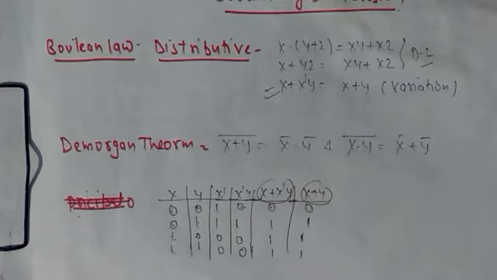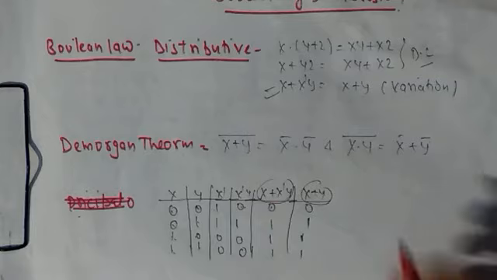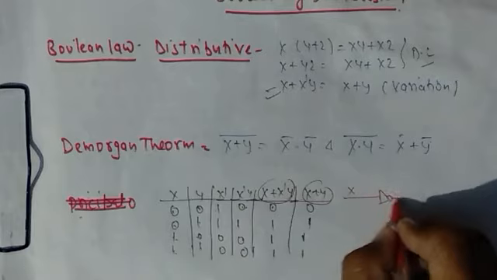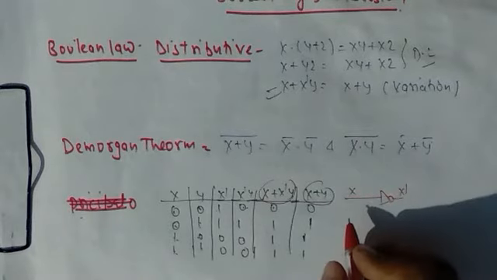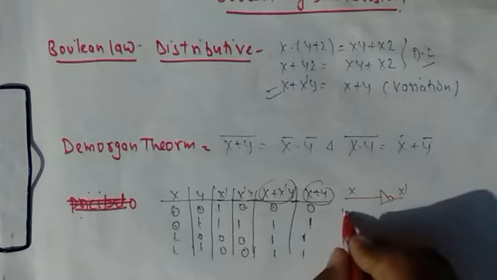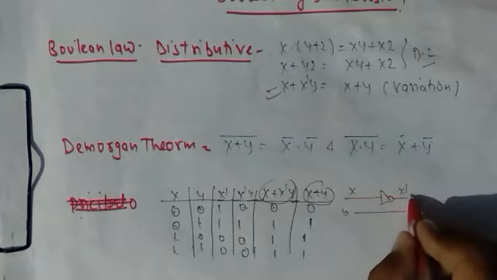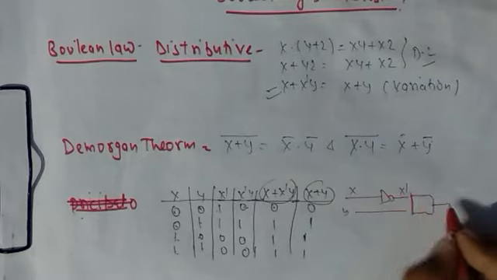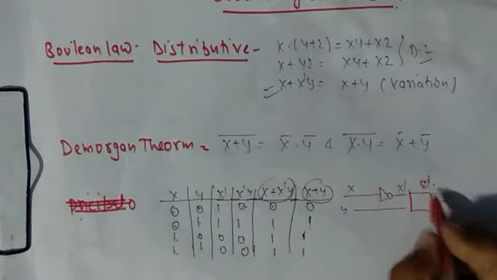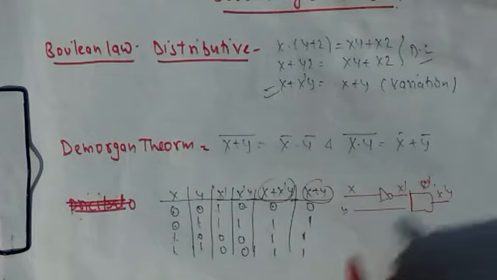Now how can we make a logic circuit? I simply take x, then I use the NOT gate to make x bar. Then I take y and do the AND of these, which produces x bar y.